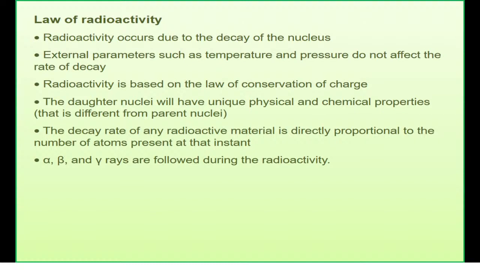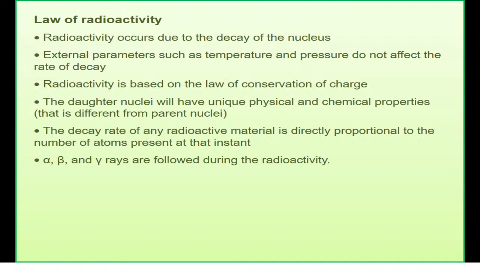Radioactivity, radioactive decay, occurs due to the decay of the nucleus. External parameters such as temperature and pressure don't affect the rate of decay. Radioactivity is based on the law of conservation of charge.